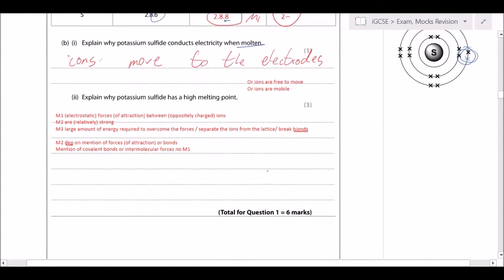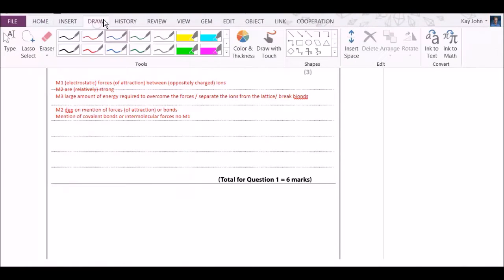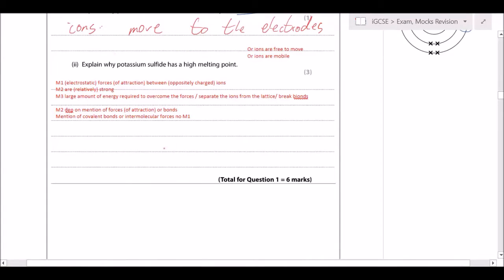Okay, moving on. Explain why potassium sulfide has a high melting point. So quite a few marks worth for this. This is a 3-mark question, and I'm going to give you a model answer as well. So, firstly, your mark 1 is looking for electrostatic forces between ions.